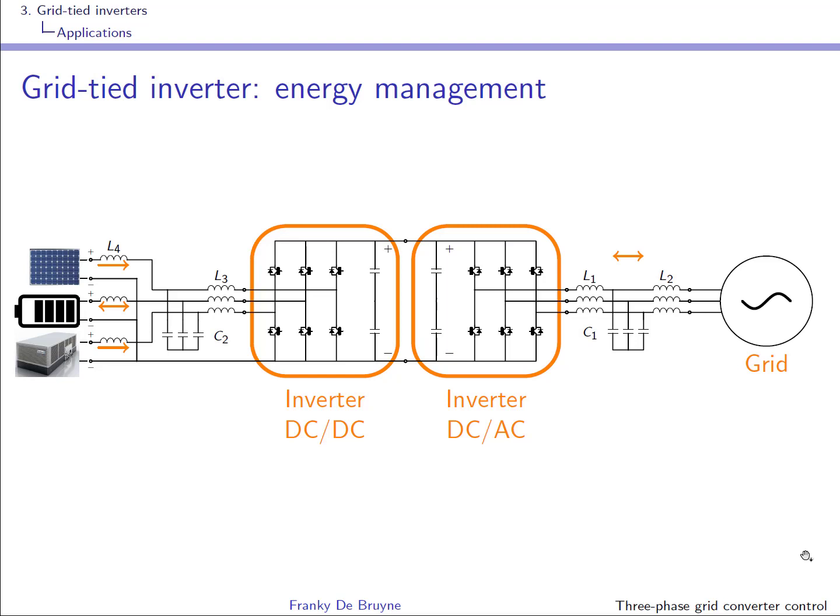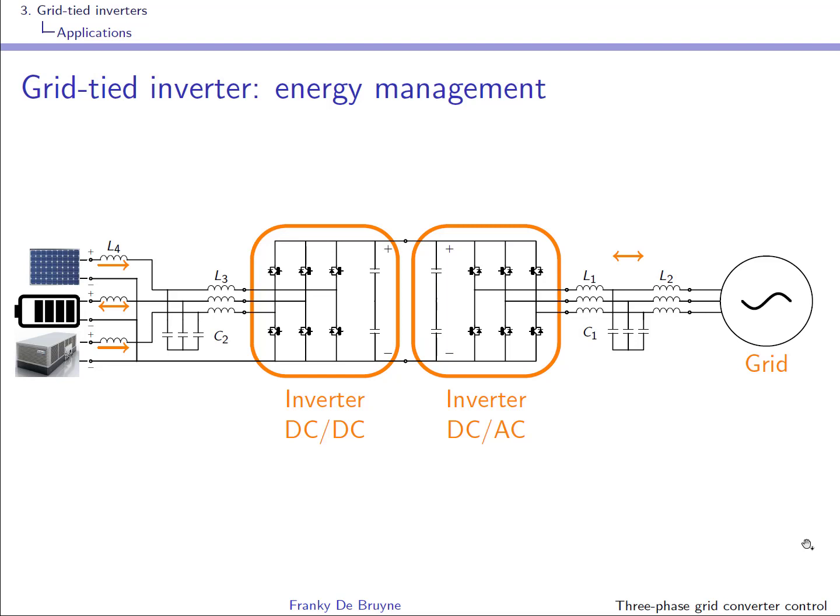Let us assume that the sun is shining, so there will be power flowing from the solar panel towards the DC-DC inverter, so there will be a current flowing towards this inverter and the DC bus voltage will increase.